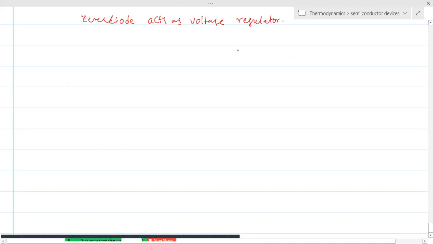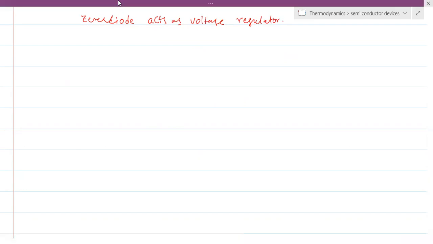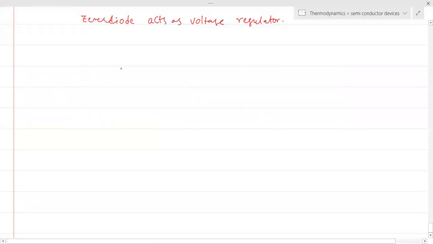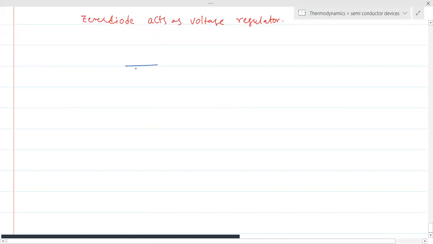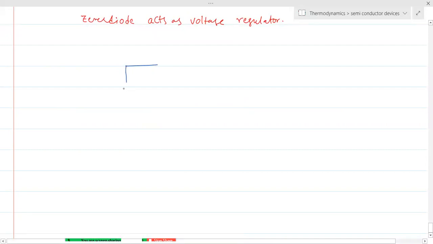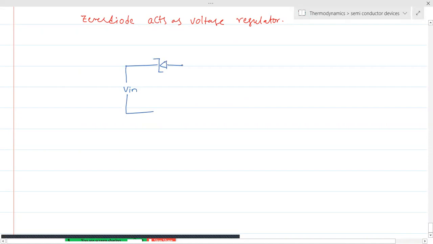First I am constructing the diagram. This is the V input. We are taking a PN junction diode which is highly doped, which you call a Zener diode.